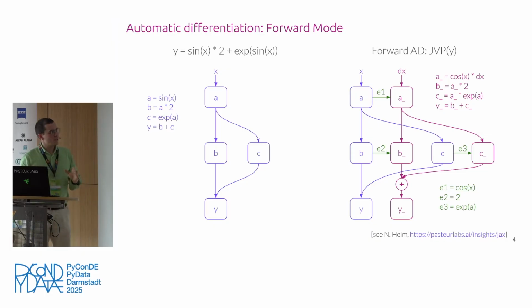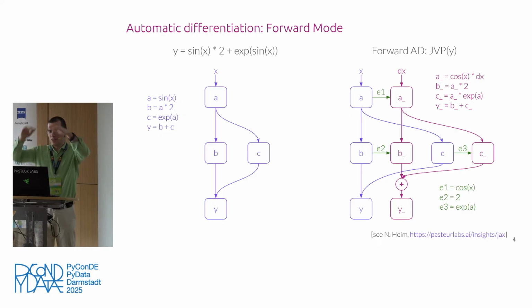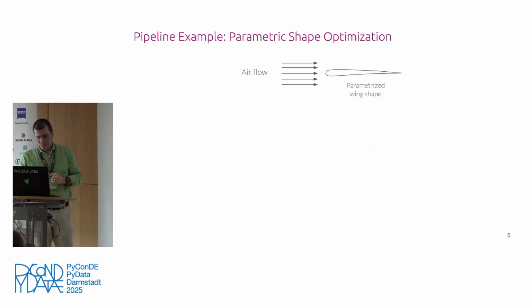Let's not focus maybe right now on the details, but fundamentally, you see that you can start from x, you calculate a, and then a has this green arrow here, which is cos x, and if you remember that cosine is the derivative of sine, you see that that's how the derivatives basically propagate from this blue graph to the red one, and then in the red is how the derivatives basically get calculated. And forward mode, as I said, you start from the top of this graph, you go down, and you calculate derivatives at every step.